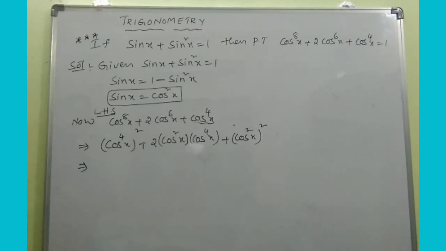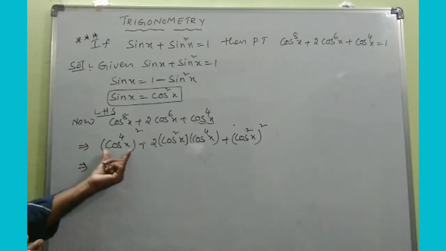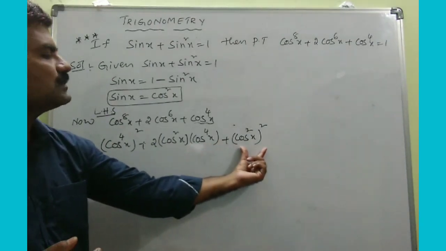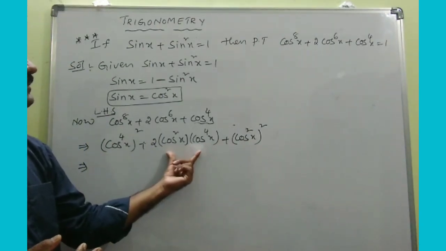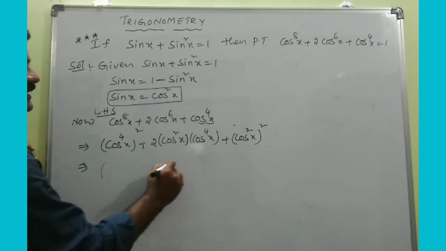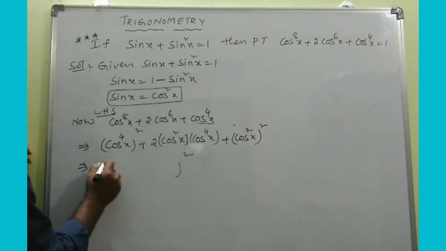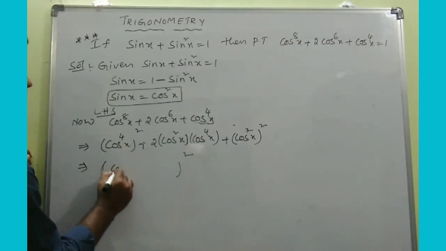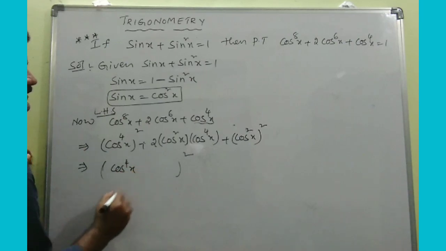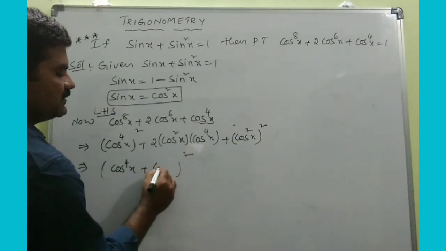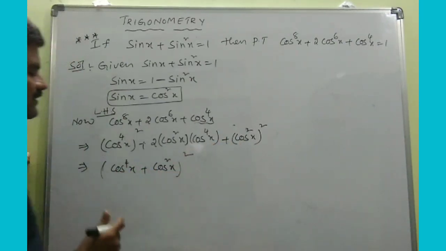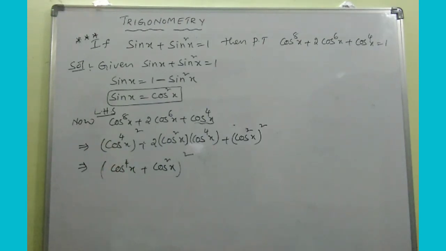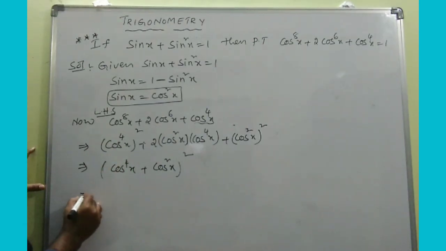Hence now finally I converted this in terms of a square plus b square plus 2ab, which is nothing but a plus b whole square. What is a? Cos power 4x, plus b is cos square x, a plus b whole square. Okay, fine.